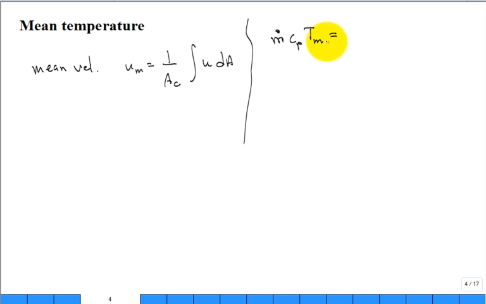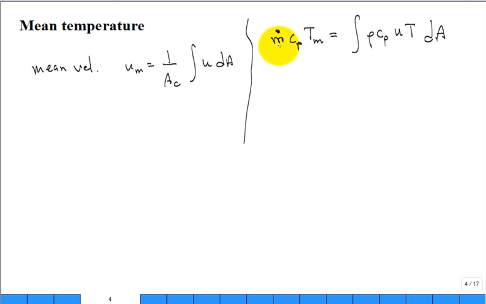So both the velocity and the temperature of the fluid are a function of location. So to do it very accurately, we would have to integrate over the area. We'd have to consider not just the property rho c sub p, but u as a function of r and T as a function of r.